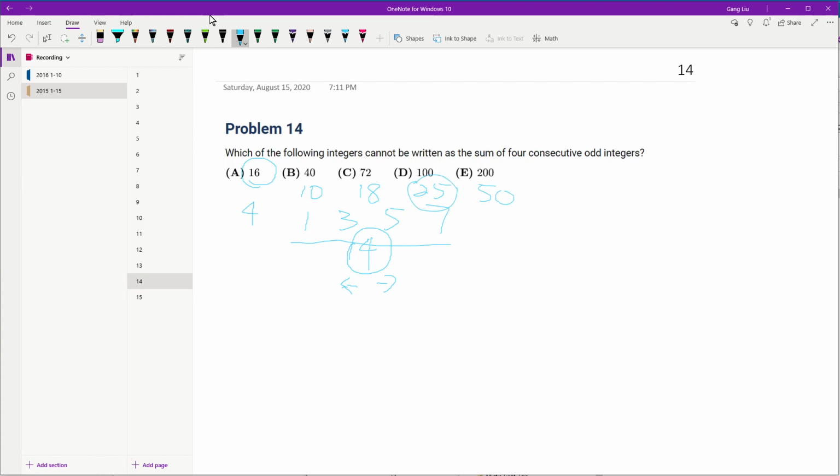So 25 will not work, because if the median is 25, I cannot make 2 consecutive odd integers. It's going to be 25 plus 1 going to be 26 and 24. Or if I add 2, that's going to be 27 or 23. And 27 and 23 are not consecutive.